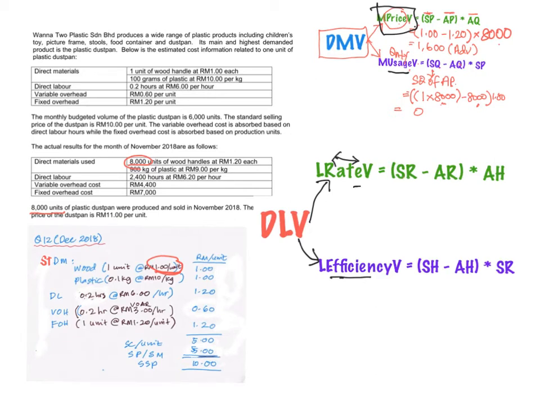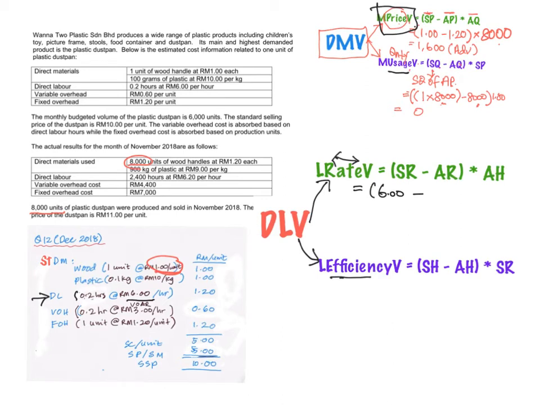Just like material variance, we refer to our standard cost card to do the variance calculation. So look at the standard direct labor. Whatever appears here is your standard cost, standard rate and standard hours for 1 unit. The standard rate that we have here is 6 ringgit. So you take the 6 ringgit minus the actual rate. How do we find the actual rate?